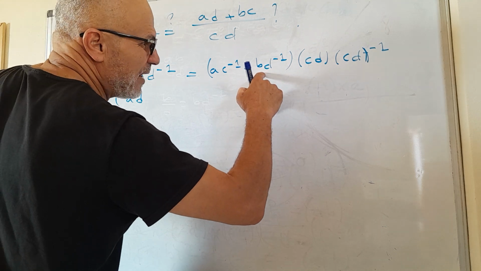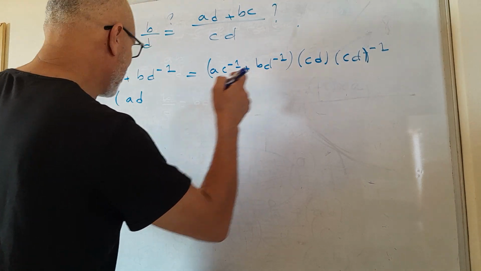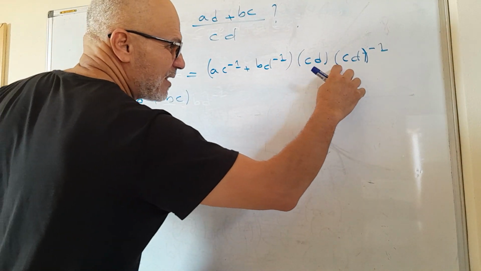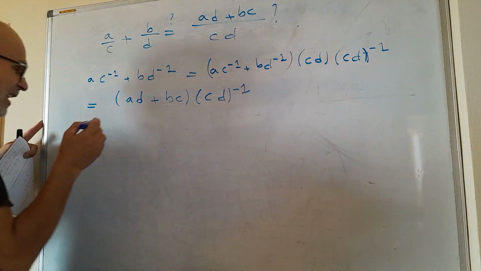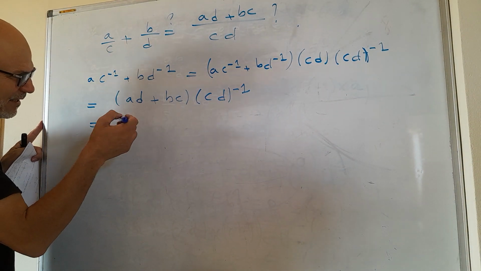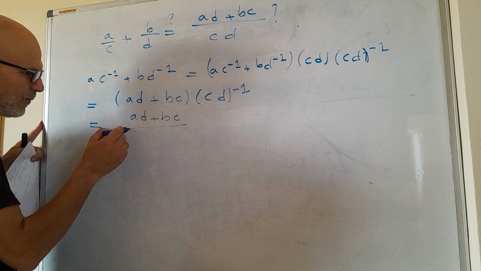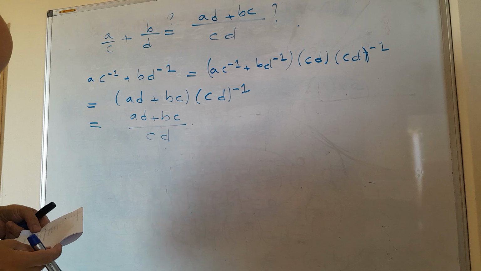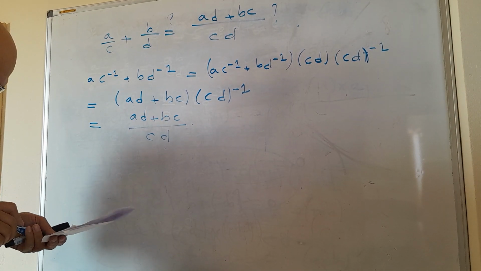And this one with this one, we cancel d with d, and we keep bc. So this is cancelled, and we keep (cd)^-1. Since we have this, we can write it as ad plus bc over cd, which finishes the first exercise. See you at the next exercise.